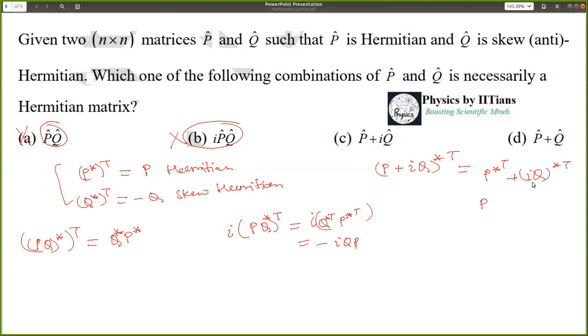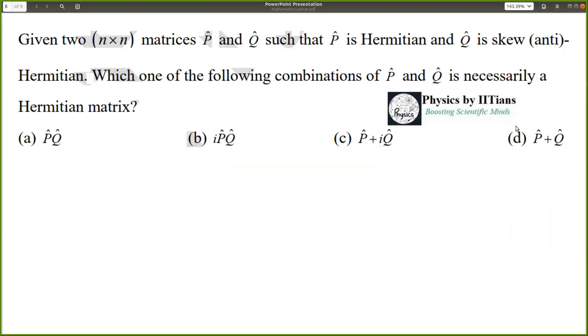Iota conjugate is minus iota, and Q conjugate transpose will again be minus Q. So this is equal to P, and minus and minus will become plus, iota Q. So taking the conjugate transpose of P plus iota Q, you again get the same matrix P plus iota Q. It means this is a Hermitian matrix. So this is the correct answer to this question. You can check the last option also, but you will again get that it is not a Hermitian matrix.